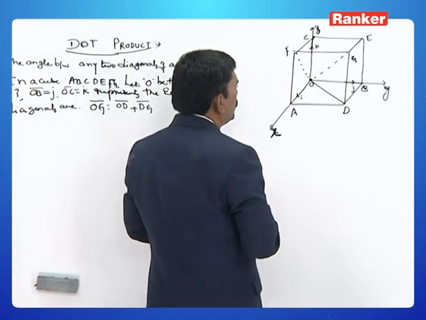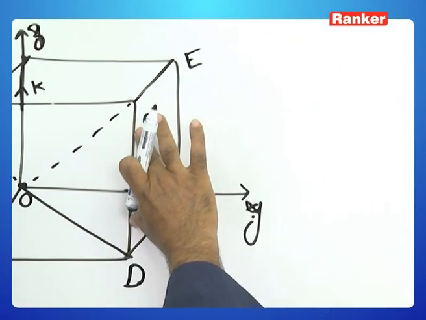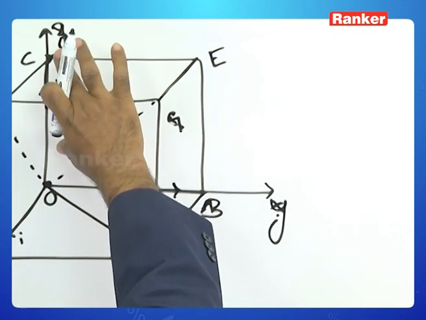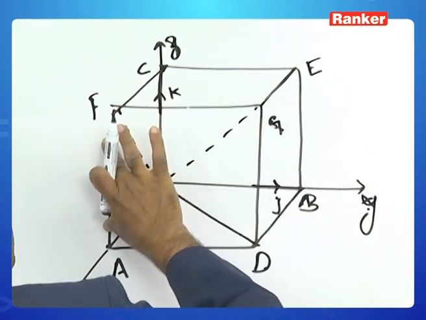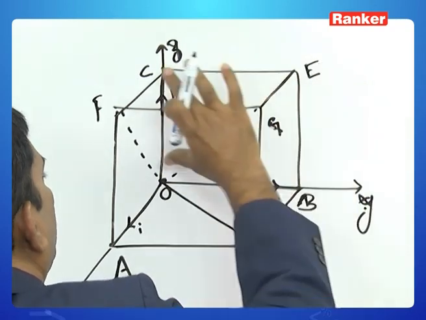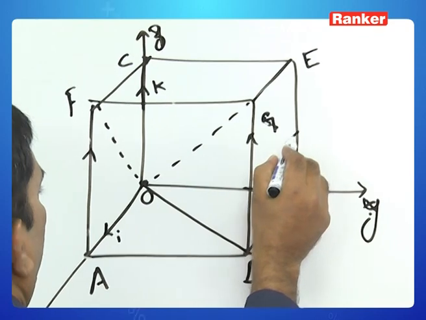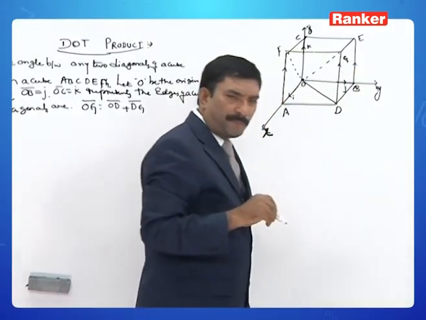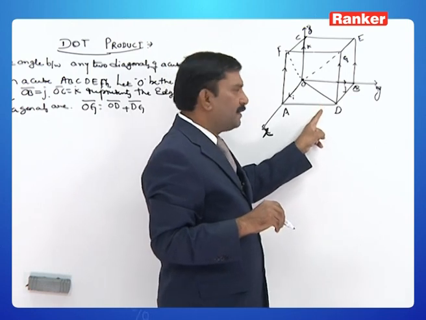Now coming to this side edge, this edge is parallel to the Z axis, meaning parallel to K. This is also parallel to K, and this is also parallel to K. So these are equal and like vectors. These two are parallel, equal and like vectors.